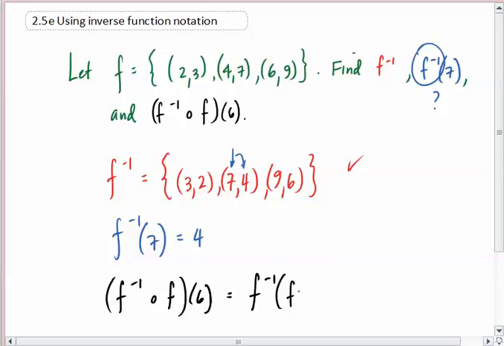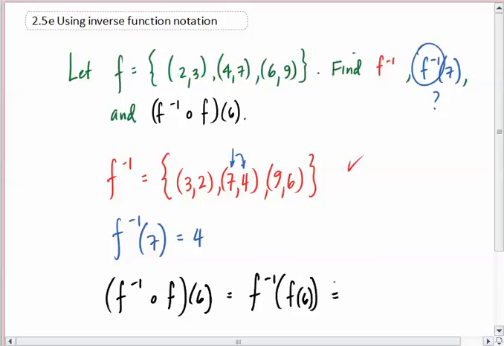We're going to take a 6 and put it into the actual regular function, the plain old f function. Then that output is going to become the input of the inverse function.